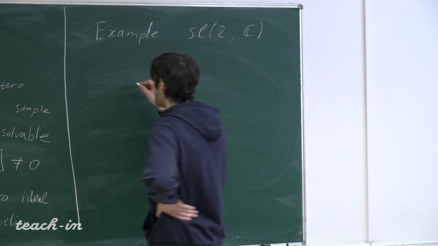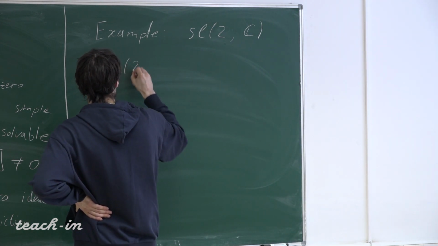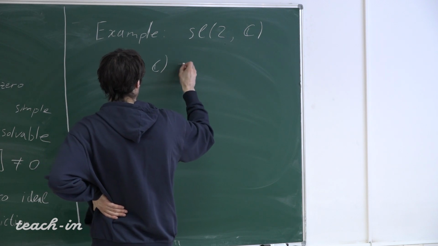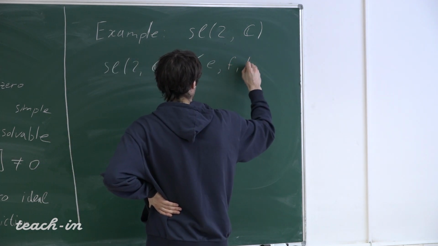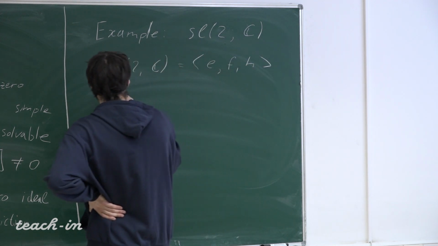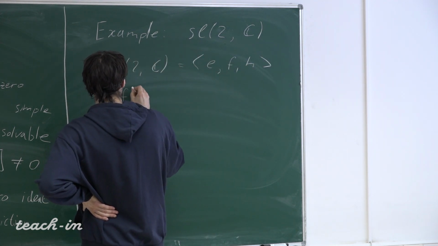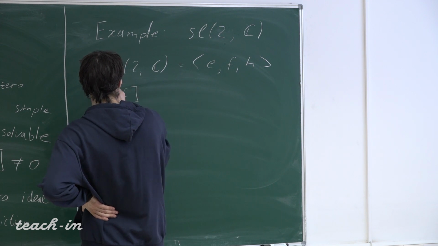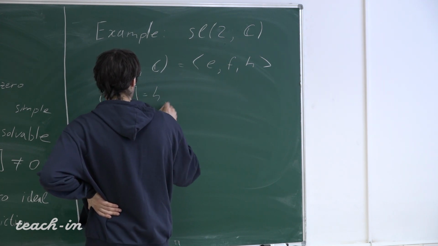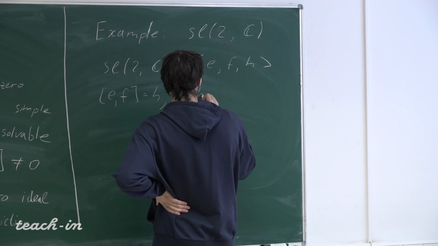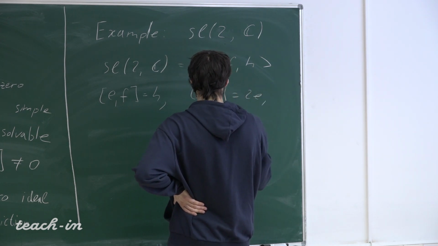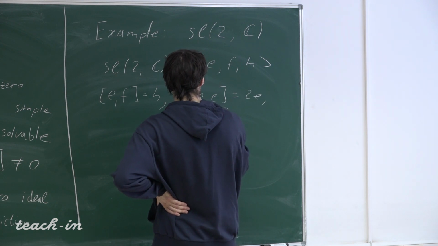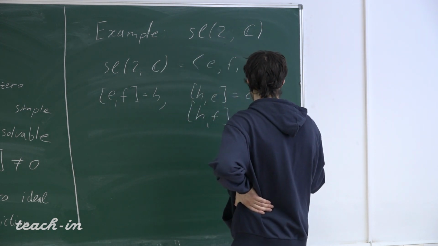So let's see. SL2 has a basis. So it's a span of E, F, and H, right? And the relations are [E, F] is H, [H, E] is 2E, and [H, F] is negative 2F, right?